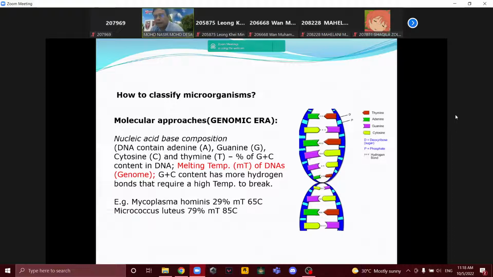So how do we make use of these formations? When we study gram-positive, you want to break up the DNA, you need a certain amount of energy, and there is always a difference between the amount of energy required for gram-positive and gram-negative. Why? Because gram-positive normally have higher GC content in their chromosome, in their genomes.